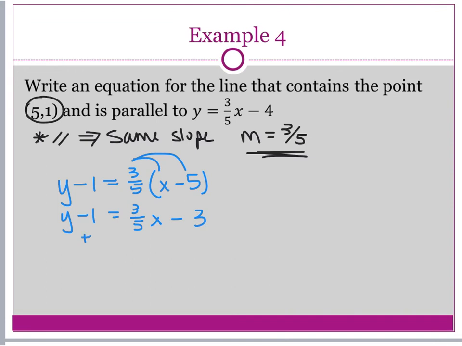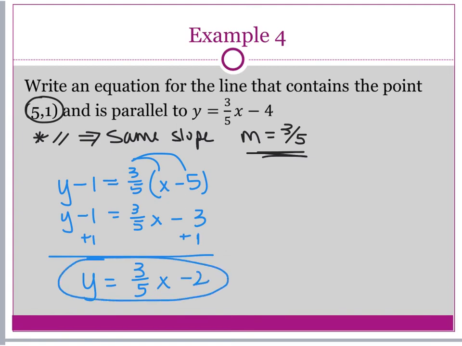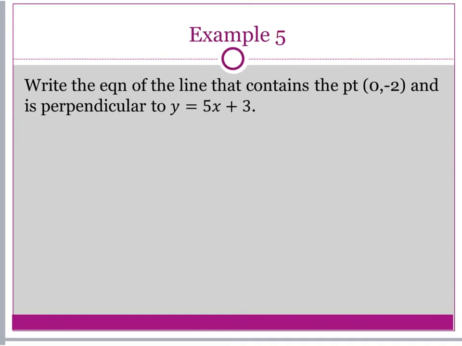Then I'm going to add 1 to both sides, and I'm left with y equals 3/5 x minus 2. So this is the equation of a line that is parallel to this here, and it also goes through this point.